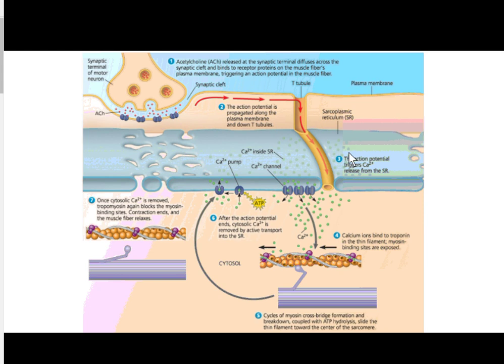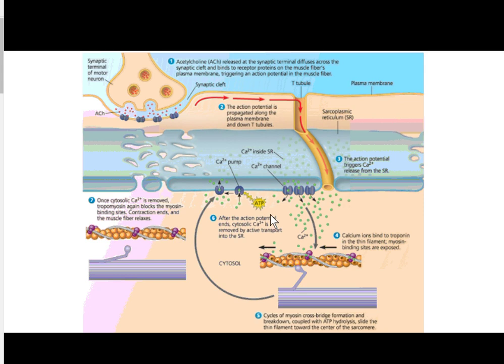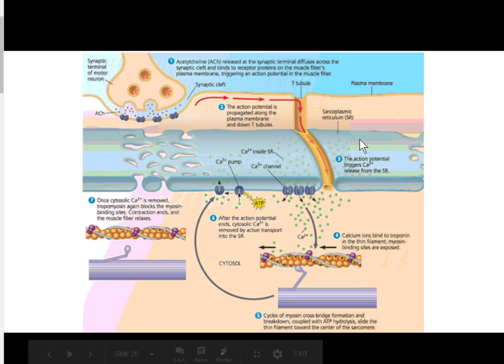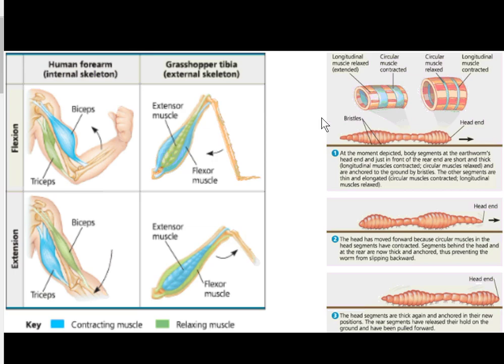That calcium moves this out of the way so that this can attach, and it pulls, and ATP releases it, and then it goes back. And if we keep doing this over and over, we keep having movement, muscle contraction. Acetylcholine is the neurotransmitter here. Then you also need something to break it down, so acetylcholinesterase, which takes it away and allows you to start over.